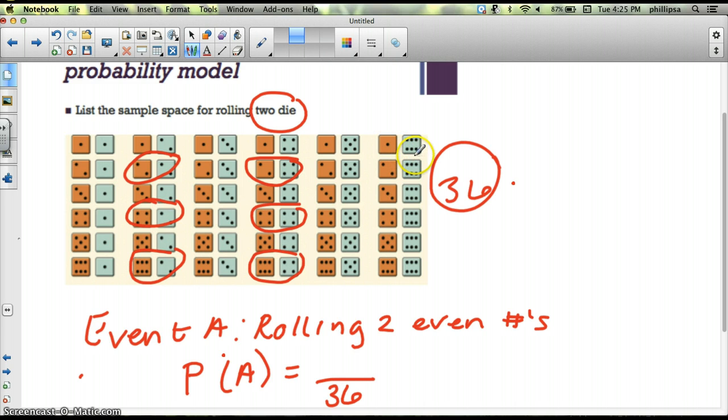And we have our 6 and 2, our 6 and 4, and our 6 and 6. So the probability that both will be evens is 1, 2, 3, 4, 5, 6, 7, 8, 9 out of 36, and we should reduce our probability to 1/4.